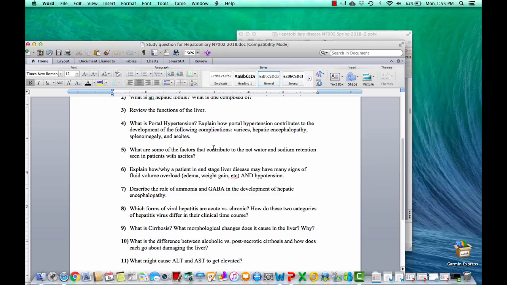With the chronic forms of hepatitis, after that initial illness, you are not able to completely clear the virus, but you sort of get to this viral balance, this viral load that is under control to a certain degree, but persists in its activity. Okay.